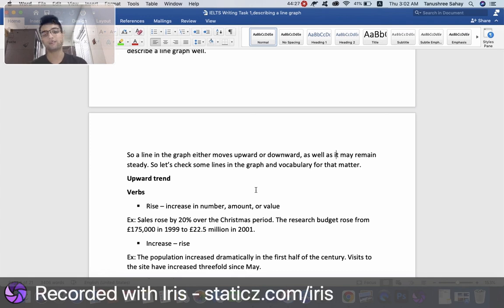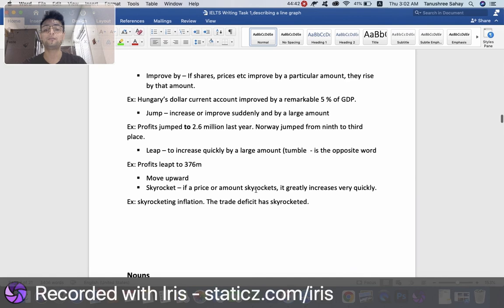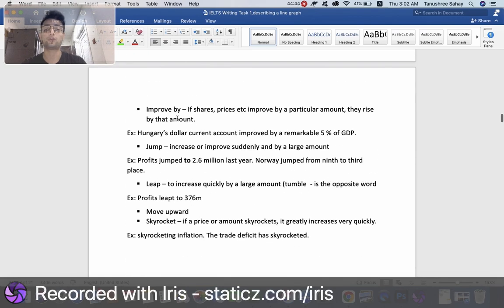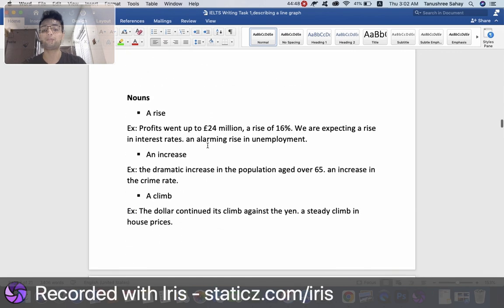I will make another video on my whiteboard about this, showing how the line moves in the graph and how we can describe it with the correct vocabulary. So there's the upward trend and the downward trend, and I wrote down some verbs, adjectives, and adverbials about them. You can see that in the next video.